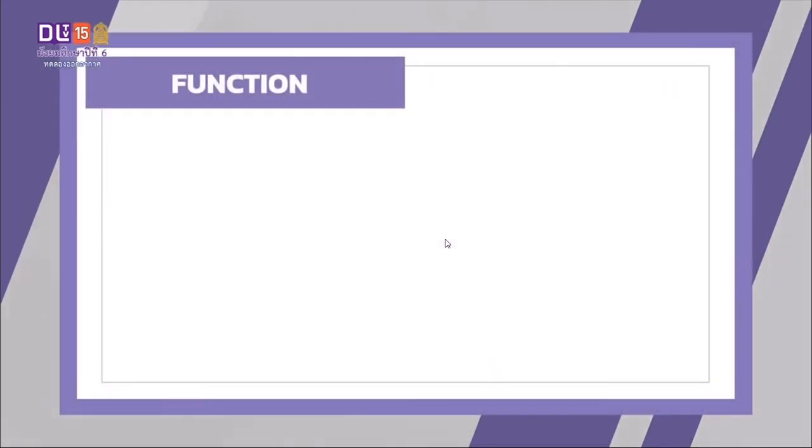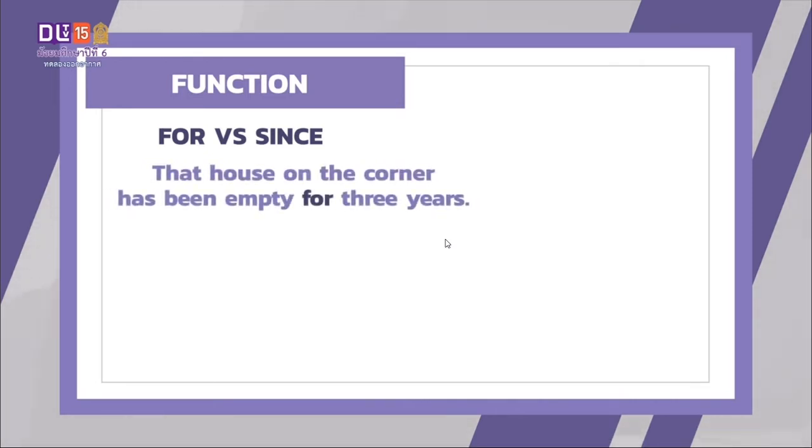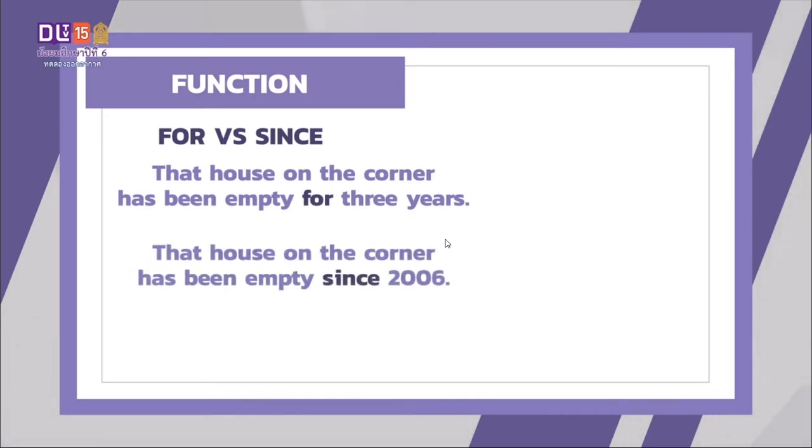Next, for or since. In present perfect tense, you will see two main words, I think, for and since. That house on the corner has been empty for 3 years. That house on the corner has been empty since 2006. Let's compare and tell me the difference between for and since.